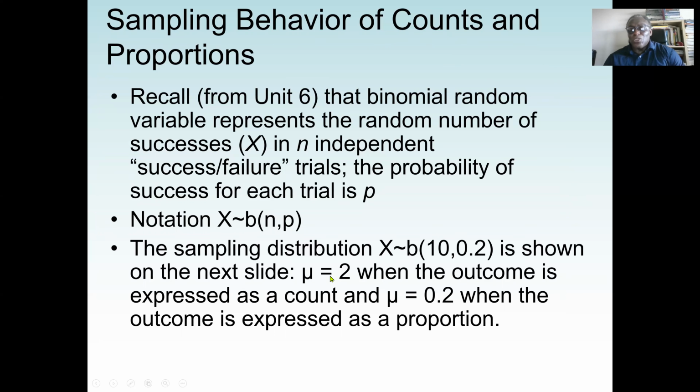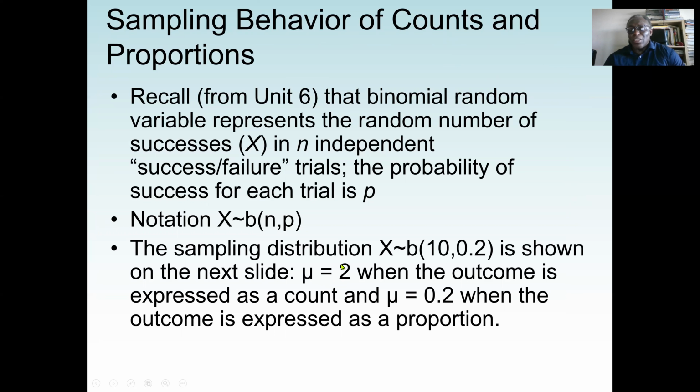How do we get the mean 2? Because in a binomial distribution, the mean is equal to np, the number of tries times the probability of success. So n is 10, p is 0.2, and 10 times 0.2 gives me 2.